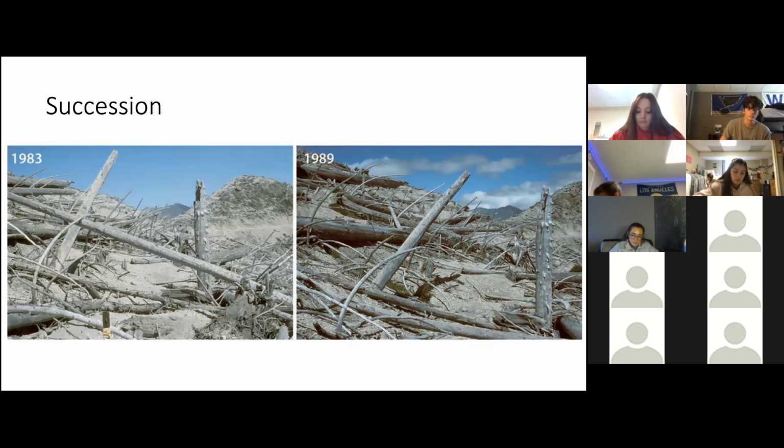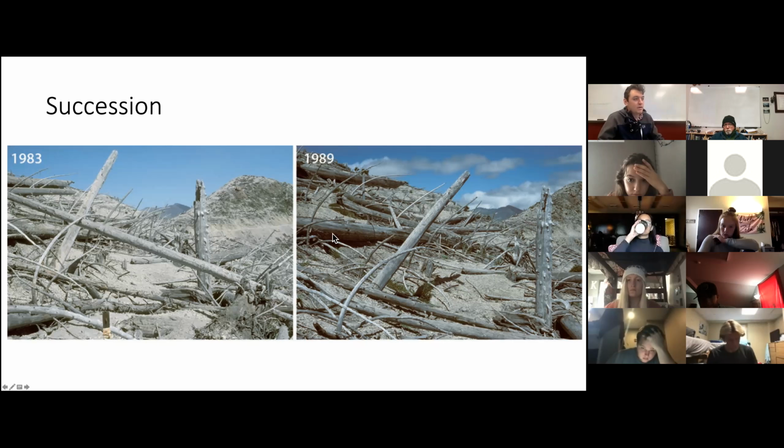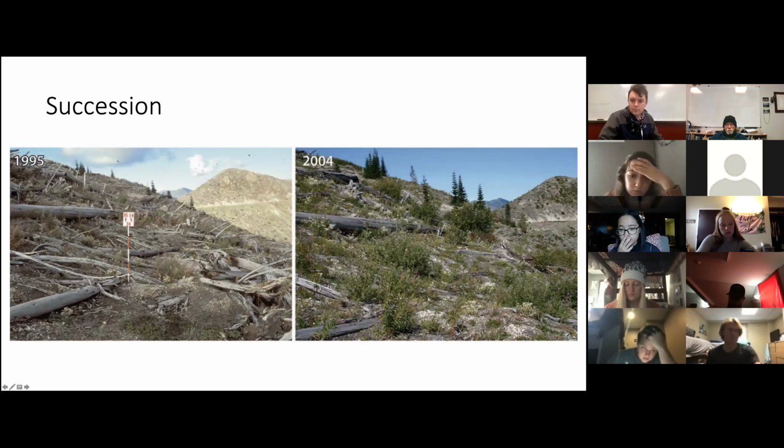This is a series of photos from one particular area where you can see the trees were all blown down and most of the vegetation was gone. There's a little bit that started to come back just a few years or 8 years after the eruption that you can see on the right. And then as time continued to go on, we see not just little herbs, but also shrubs start to grow, young trees, especially conifers.